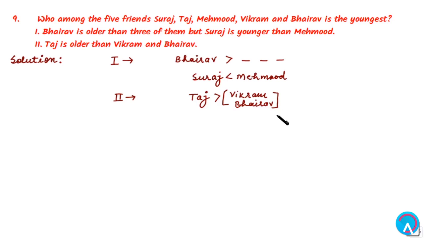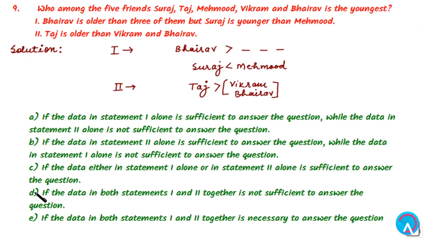Here, from statement 2 also, we cannot know who is the youngest. And if we combine statements 1 and 2 also, then also we cannot know who is the youngest. When such is the case, then option D is the correct answer. That means data in both statements 1 and 2 together is not sufficient to answer the question.